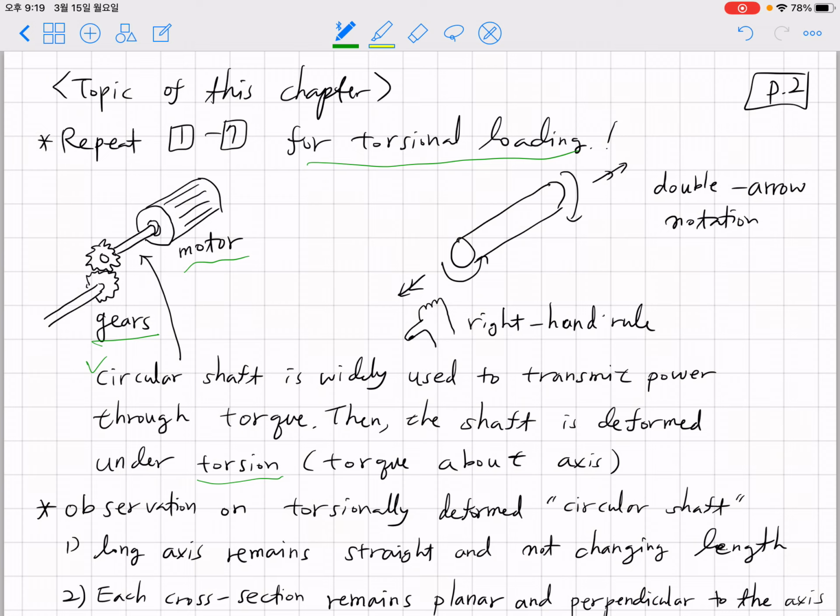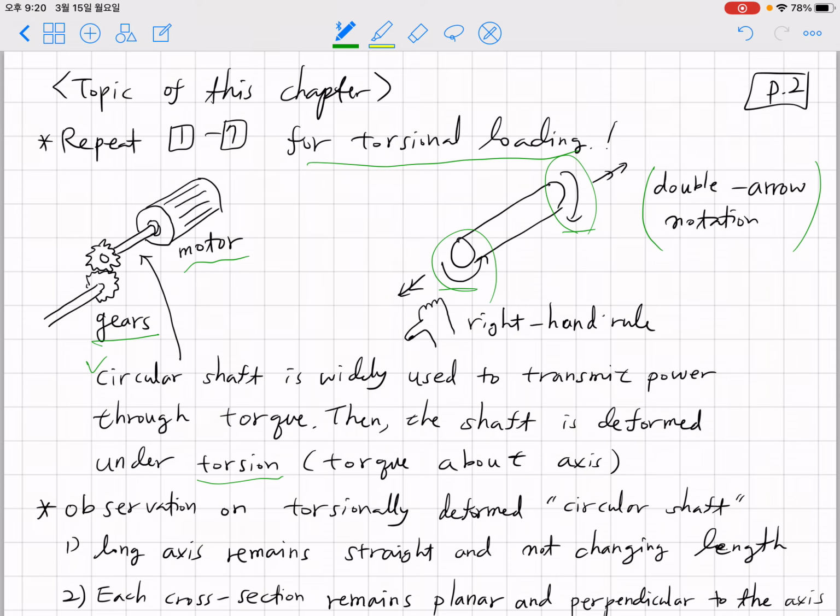Our textbook uses this curved arrow notation, but many other textbooks use double arrow notation. Instead of the curved arrow notation, if you use double arrow notation, you can apply most of the knowledge you have learned in axial loading to the torsional loading chapter.